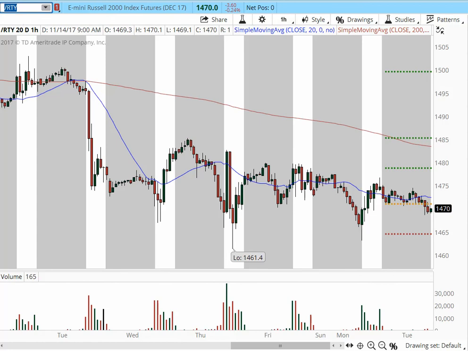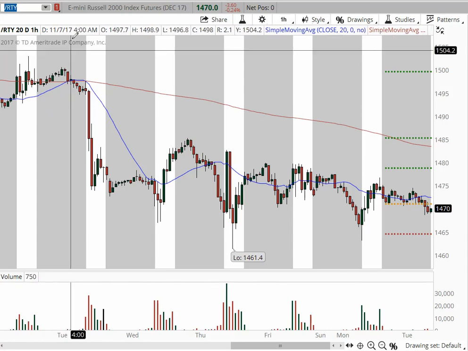The only one that is down for the day and that has a higher impact and has just tested that 70 level that we've talked about is gold, that is down 6.7 points, down 0.53 percent right now.